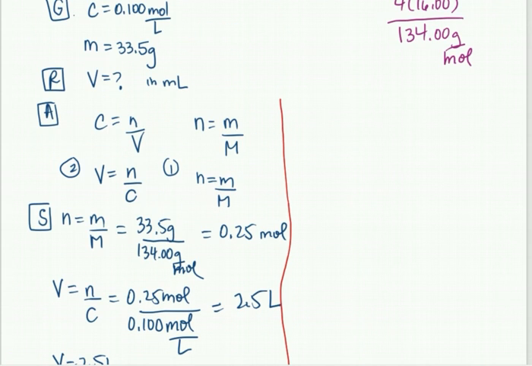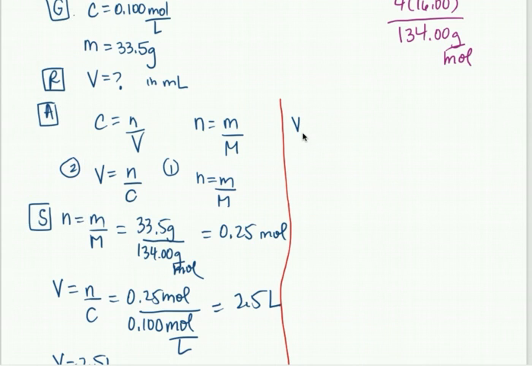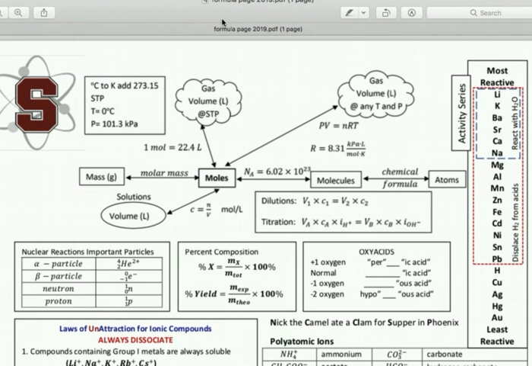Okay, so the first step is different from the formula method. So again, you know you have to find volume of sodium oxalate. So you're going to start with our mass. Go to moles, then jump to volume.